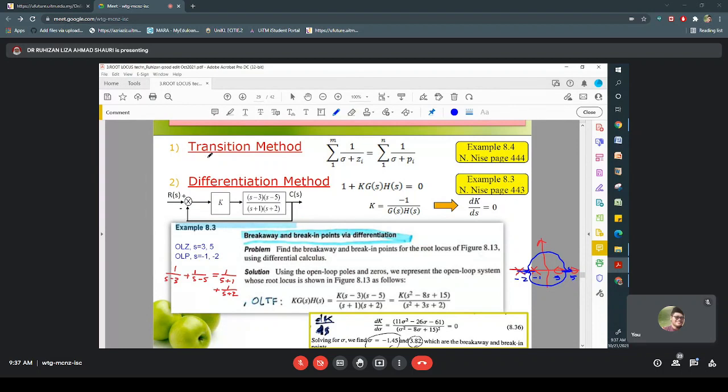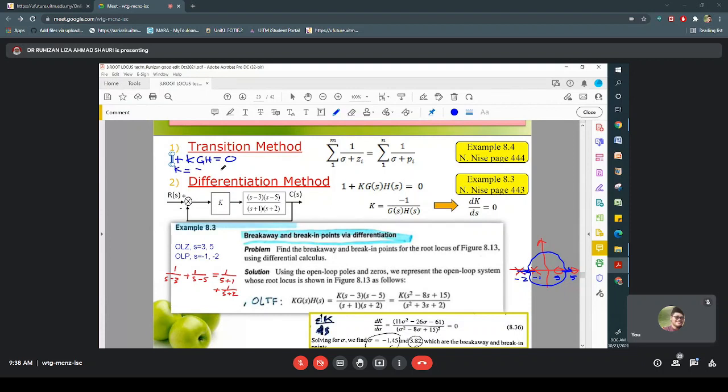So I want to solve using the second method. 1 plus KGH equals 0. That is the formula, remember? You know the KGH already, and it's already expanded this way. So next is to rearrange it.